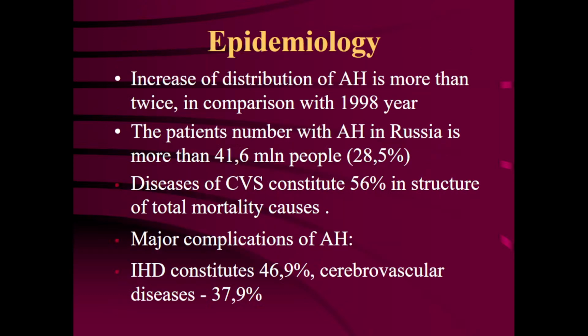What about distribution of arterial hypertension, including symptomatic arterial hypertension? In other words, it's named epidemiology. We know that the distribution of arterial hypertension has increased more than twice in comparison with 1998. The number of patients with arterial hypertension, for example in Russia, is more than 41.6 million people, approximately 42 million, maybe more in real practice.